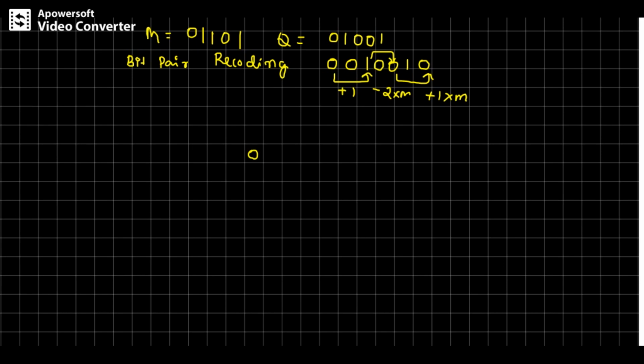So m is 0, 1, 1, 0, 1 into plus 1, minus 2 and plus 1. So we know that plus 1 into m, that means m itself. I'll write as it is 1, 0, 1, 1, 0. Extend the sign bit.